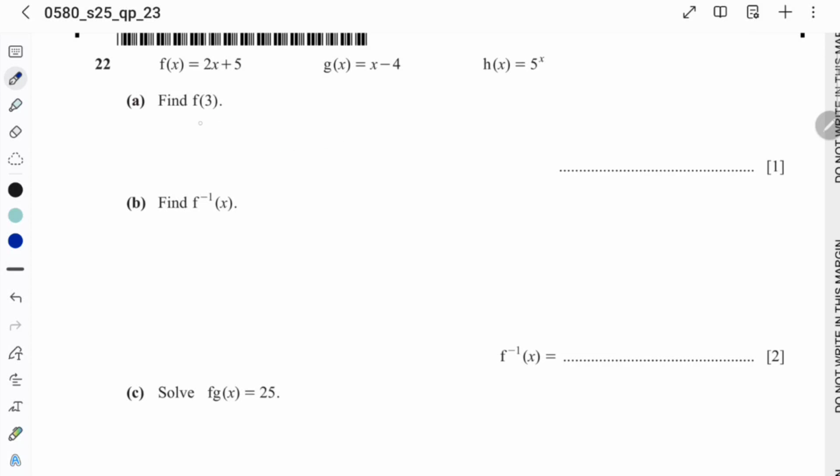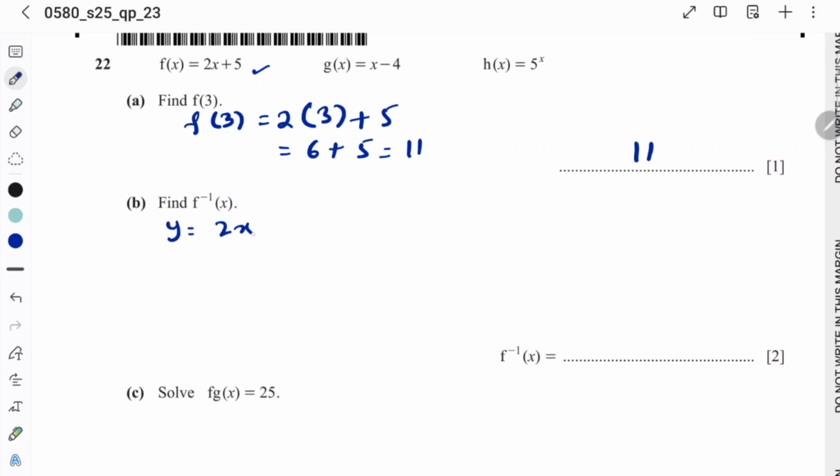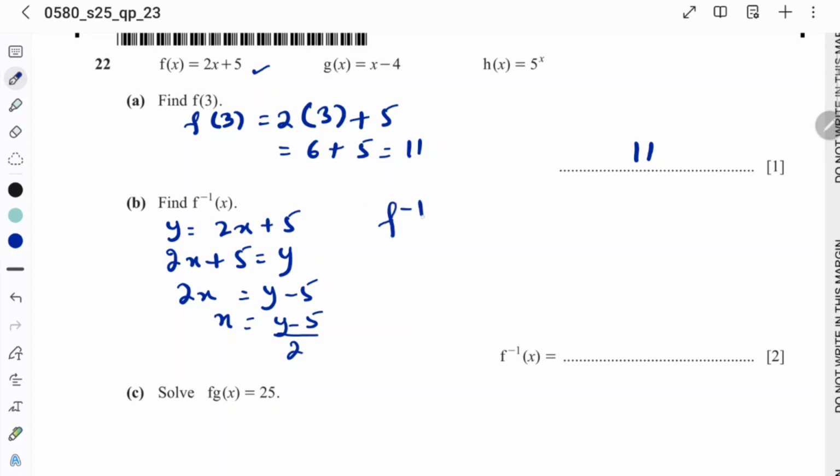For f of 3, put x equals 3: f of 3 is 2 times 3 plus 5, 6 plus 5 equals 11. For f inverse x, let y equal f of x, 2x plus 5, and make x the subject. 2x plus 5 equals y, 2x equals y minus 5, x equals y minus 5 upon 2. So f inverse x equals x minus 5 upon 2.